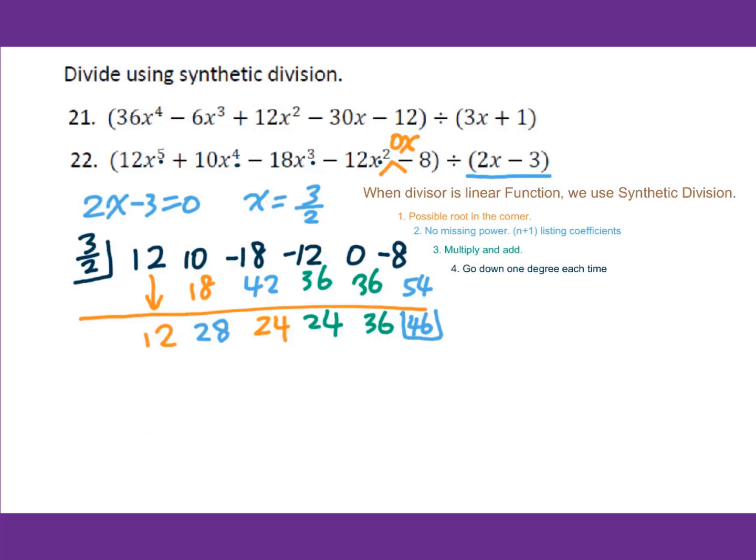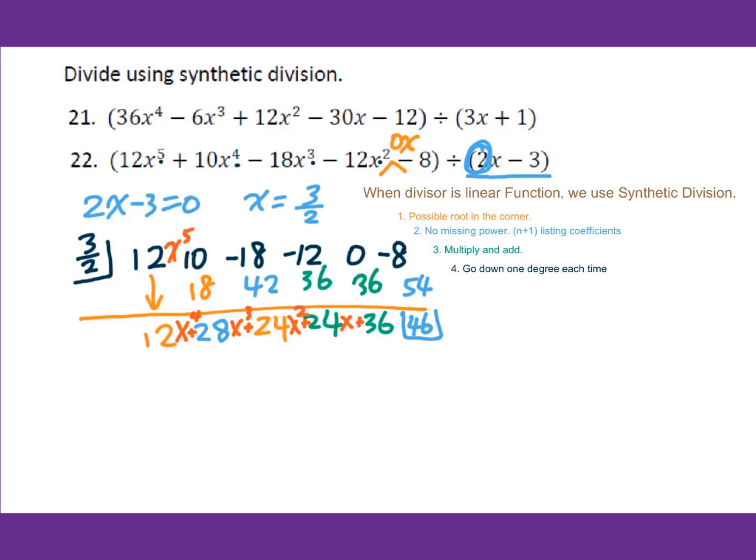Then check degree, x to the 5th power. So x⁴, x³, x², x. This is all adding. You didn't finish yet. Don't forget divided by this a.